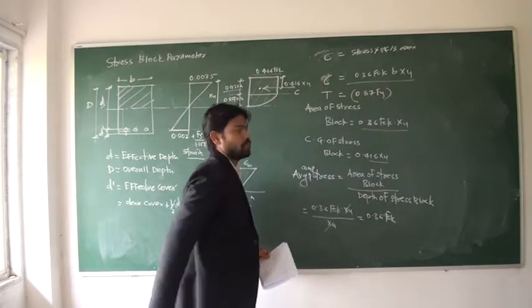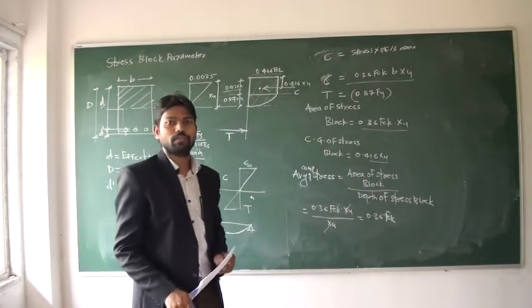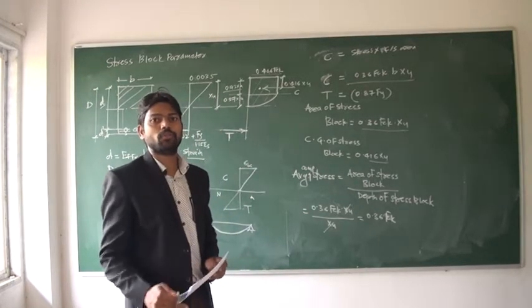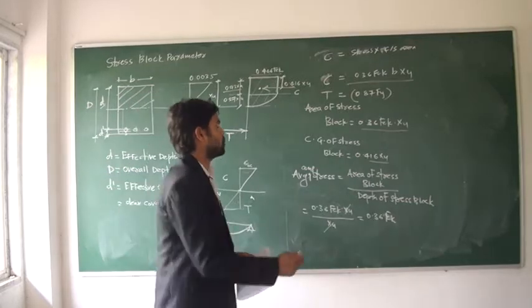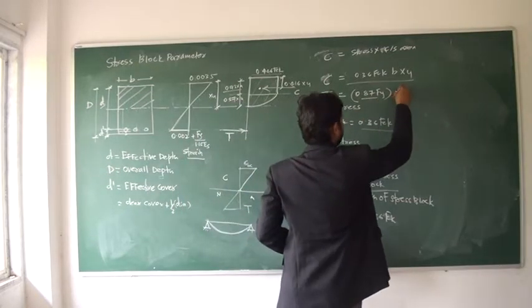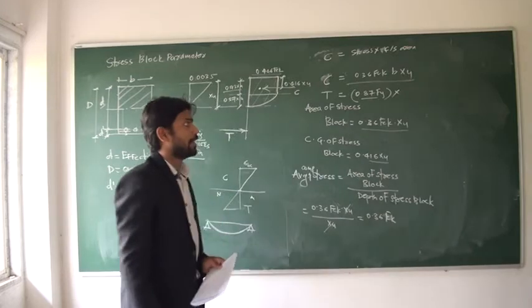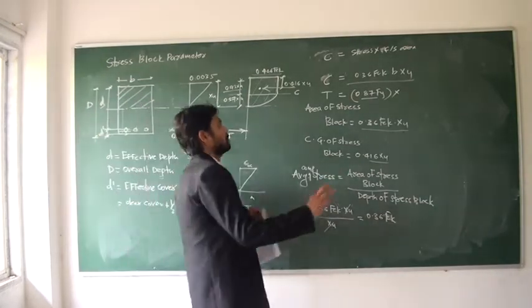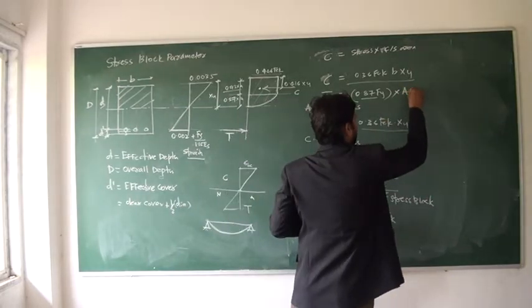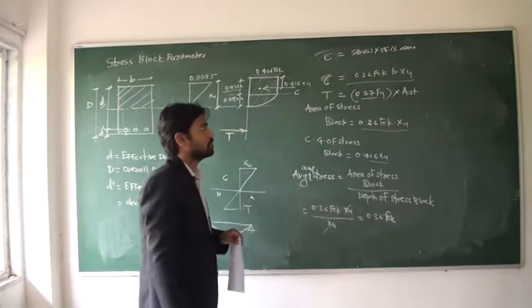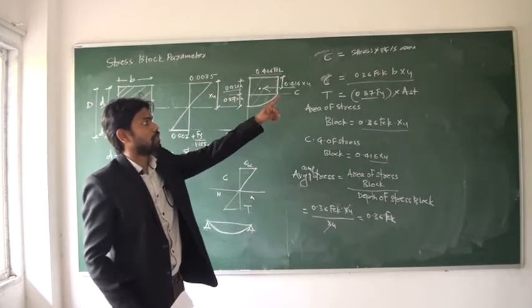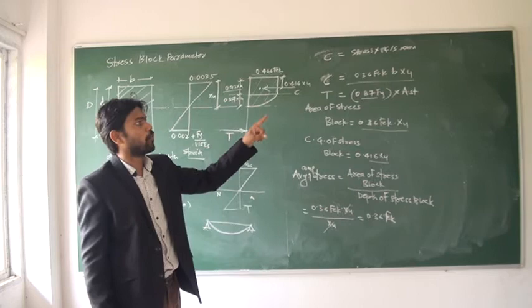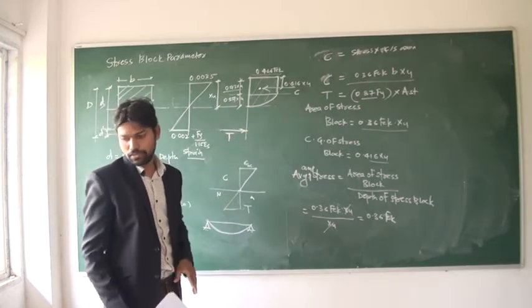We have seen this value in the stress strain curve. Fy is the ultimate stress value; Fy divided by the factor of safety gives 0.87 Fy. This is the stress in steel in tension, multiplied by area. The area will be the area of steel only, not the concrete area. So C is 0.36 FCK B into XU and T is 0.87 Fy into AST.